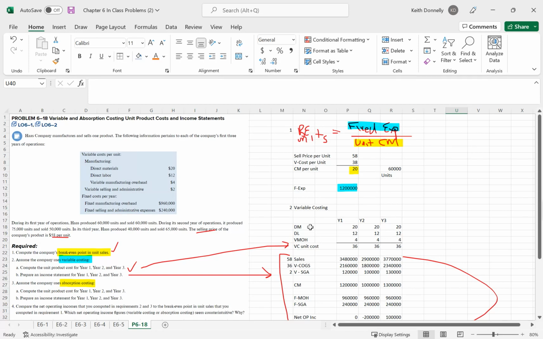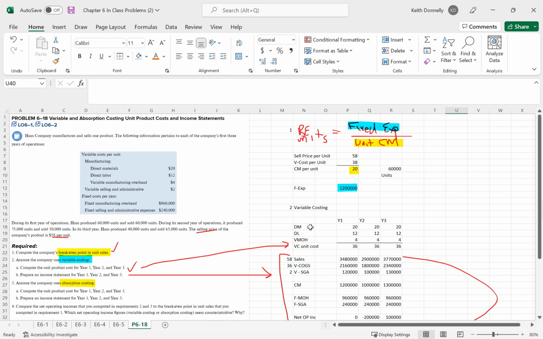We're looking at absorption costing, which is used for external reporting. In that, they're going to include in their inventoriable costs, capitalize, put on their balance sheet, their direct material, their direct labor, and then their fixed and variable manufacturing overhead.